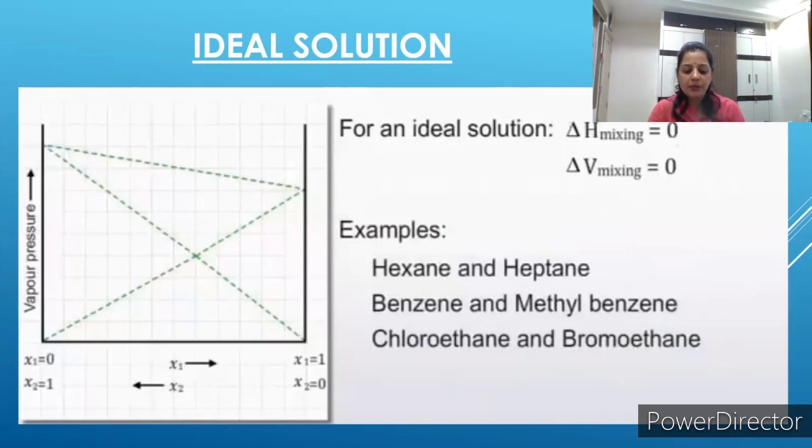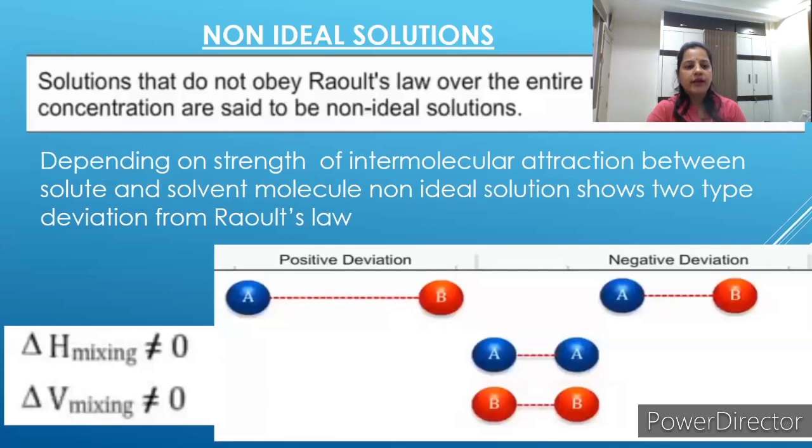Now let's see what we mean by a non-ideal solution, because most solutions behave in a non-ideal manner. The solutions that do not obey Raoult's law over the entire range of concentration are said to be non-ideal solutions.